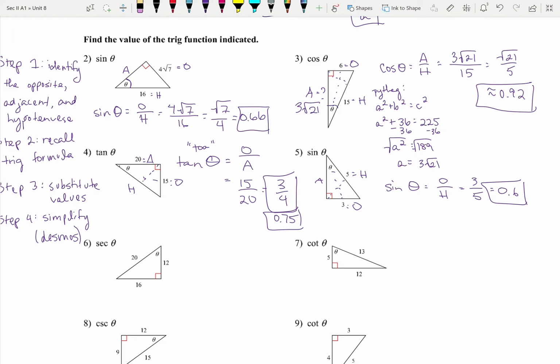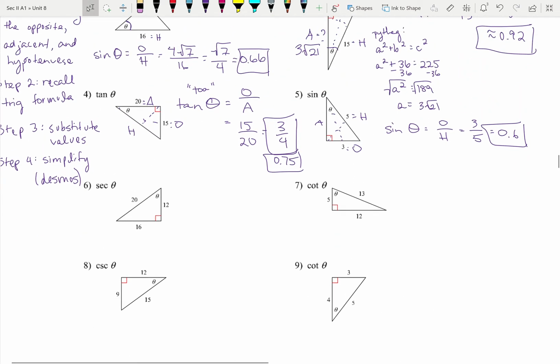Okay, so now let's move on to 6 through 9. So 6 through 9 are the same as 2 through 5, but instead of using the sine, cosine, and tangent, which are your 3 main trig functions, these are the reciprocals. So this SEC is secant.